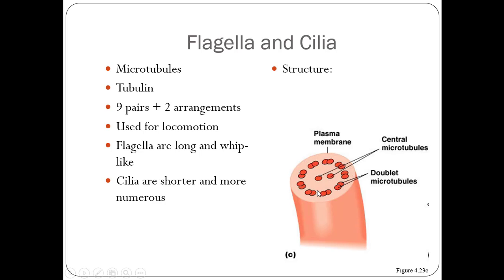So I think that's based on the fact that we have 1, 2, 3, 4, 5, 6, 7, 8, 9 of these doublet microtubules, and then we have 2 central microtubules on the inside of those flagella and cilia. They're used for locomotion. Flagella are long and whip-like, and cilia are shorter and more numerous on the cell structure.